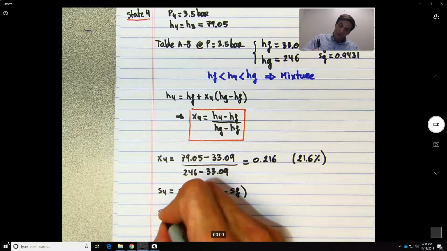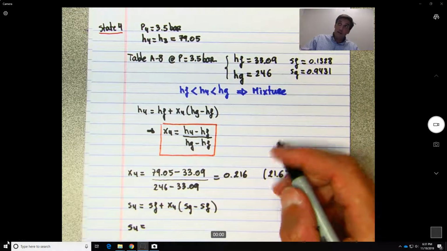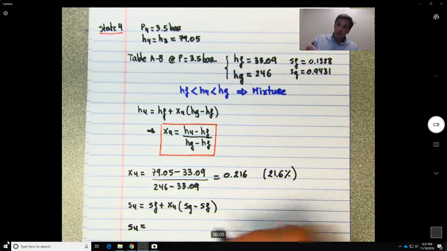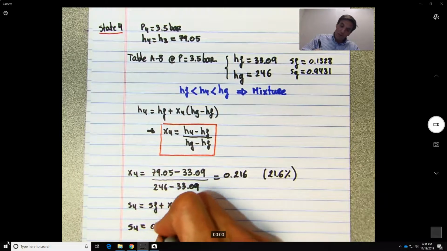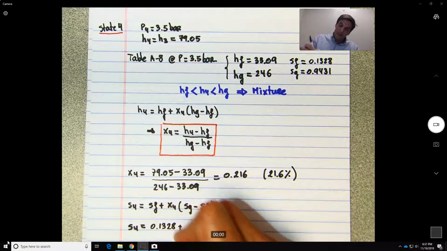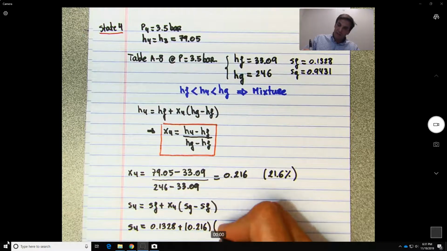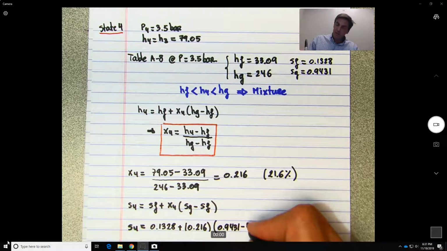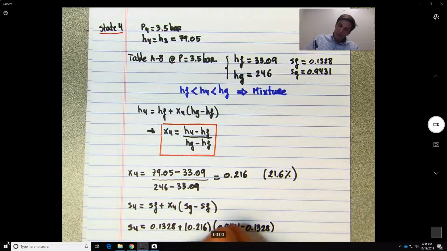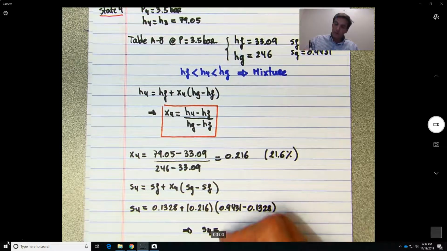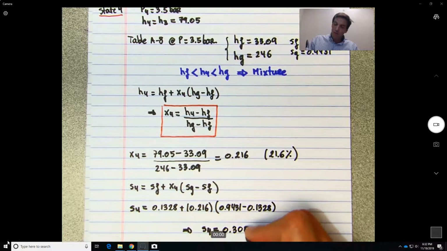So S4, we have the data right here, will be equal to 0.1328 plus 0.216 times (0.9431 minus 0.1328). And if you do this calculation, you get that S4 is equal to 0.3078.